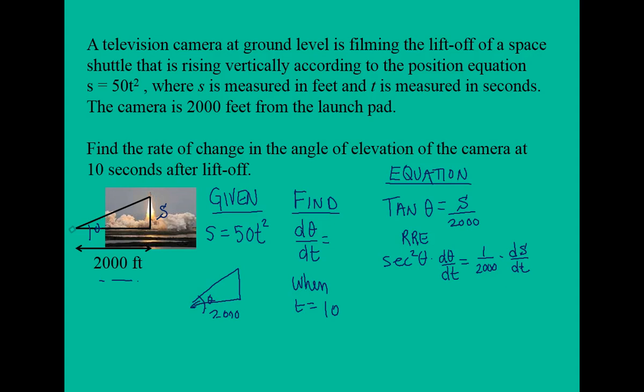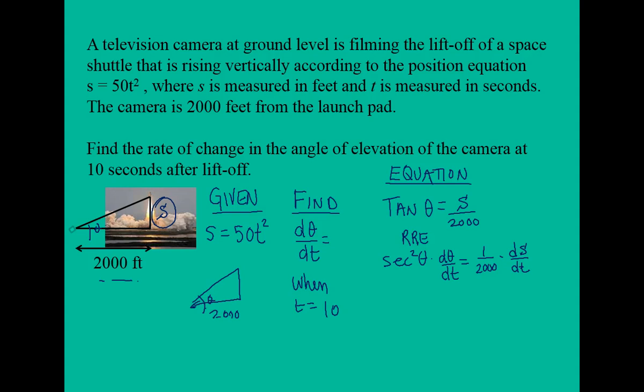Now, how could we find the opposite side of the angle? Well, it says that we're trying to find d theta dt at 10 seconds. So since we have the position function of the rocket, we should be able to find that distance that it's traveled in 10 seconds.